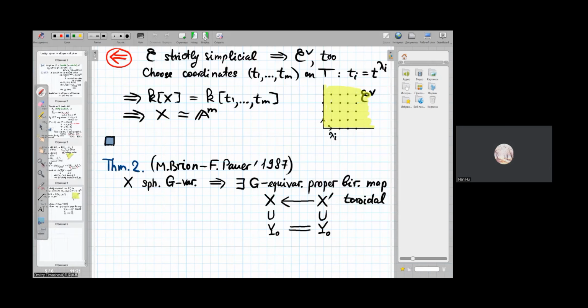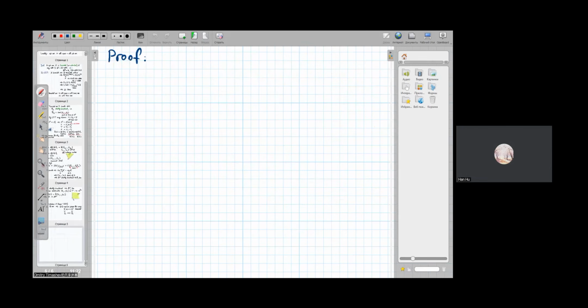So let us prove this theorem. Consider the set of all colors on the homogeneous space Y0, and consider the sum of all colors, maybe taken with some multiplicity.